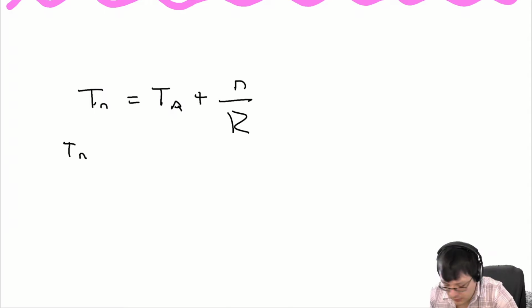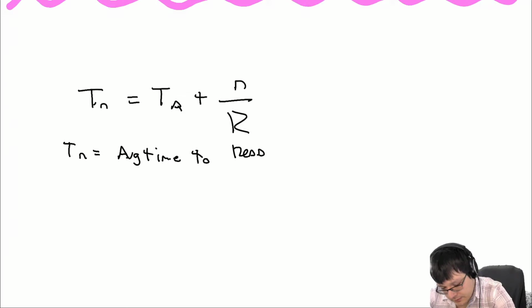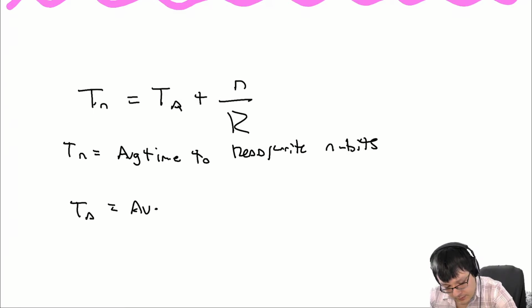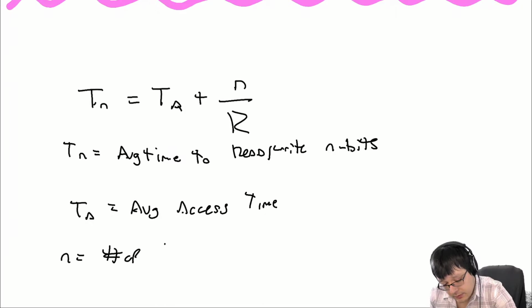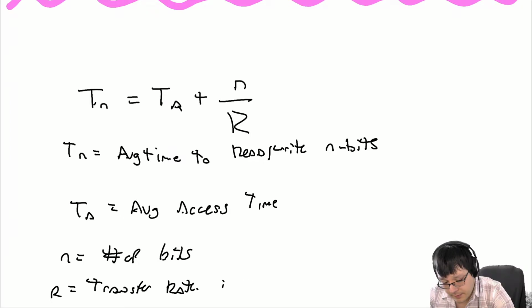Let me just write what these variables mean. And then R is the transfer rate in bits per second.